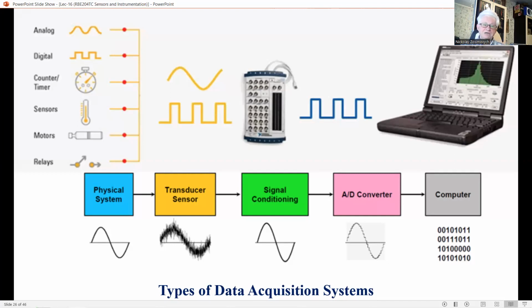Third, DAQ hardware to receive different types of monitored signals and make them available to the bus of a computer. Four, computer. The computer may be a personal computer, laptop, microcontroller, microprocessor, all of these devices that can process the acquired signal, so as to achieve the end objective for our DAQ system.